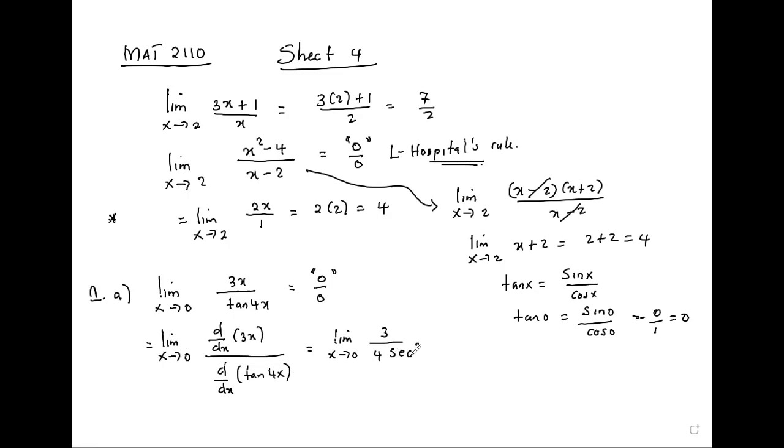We get sec squared 4x. Then now we can substitute. We just get 3 over sec 0, and sec 0 is the same thing as 1 over cos 0. This is 1 over 1, which is 1. So when we square, we'll get 4 multiplied by 1, which is giving us 3 over 4 as the limit.